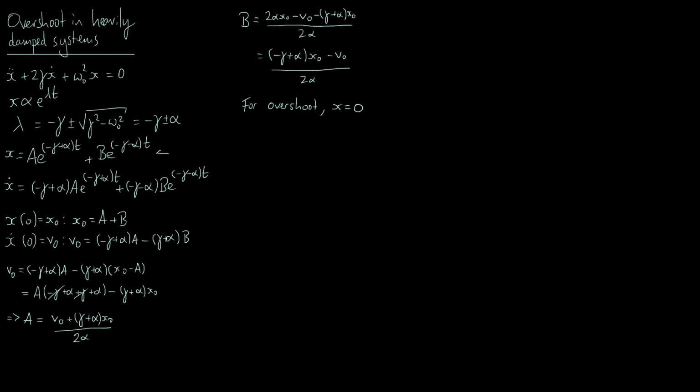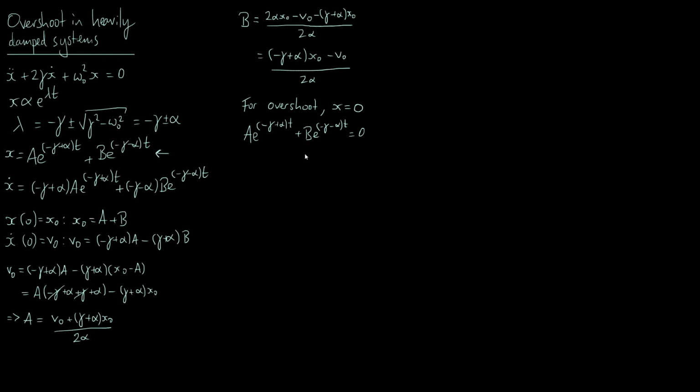We're looking at this expression here that we found earlier. We would need to have a e to the minus (gamma plus alpha) t plus b e to the minus (gamma minus alpha) t is 0 for some positive value of t.